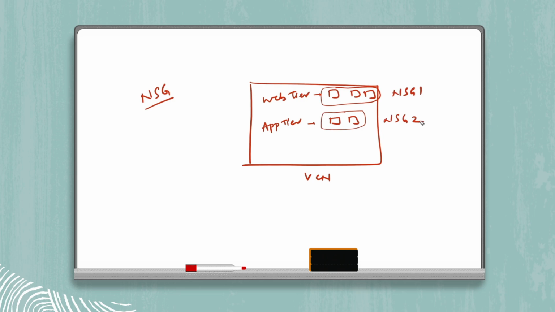And we have seen that when you configure the ingress or egress rules for a NSG, you can have the source type as NSG. So if you would like communication between web tier and app tier, let's say the app tier would like to receive traffic from the web tier, in the source for NSG2, you can have NSG1. So that is one critical point that I wanted to explain to you.